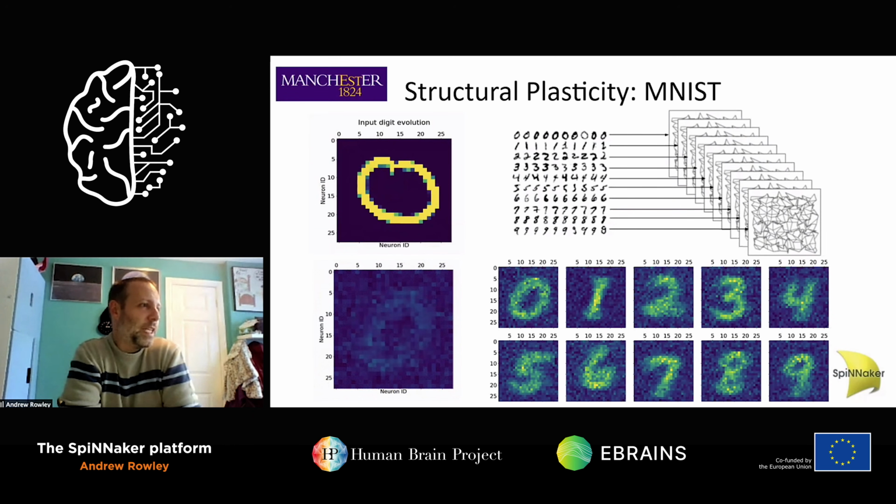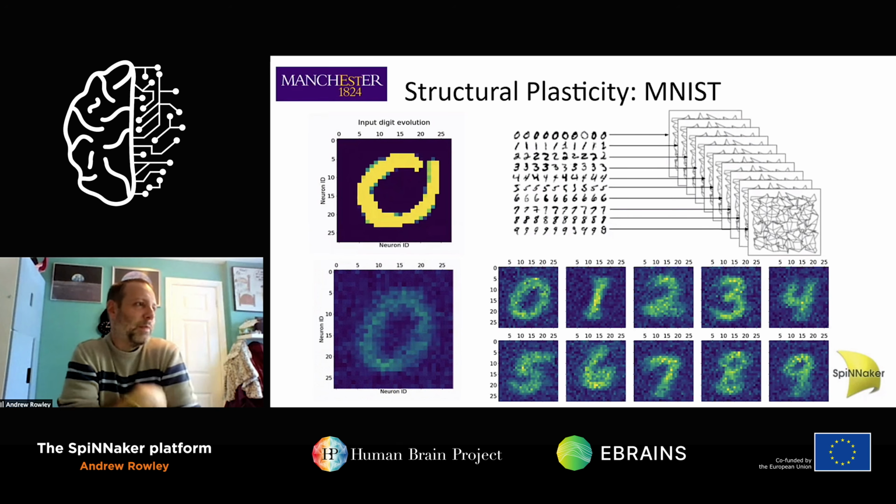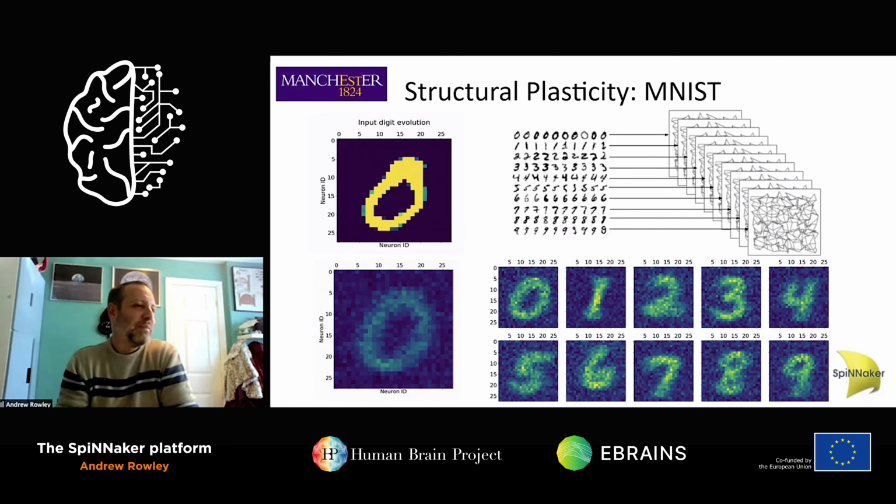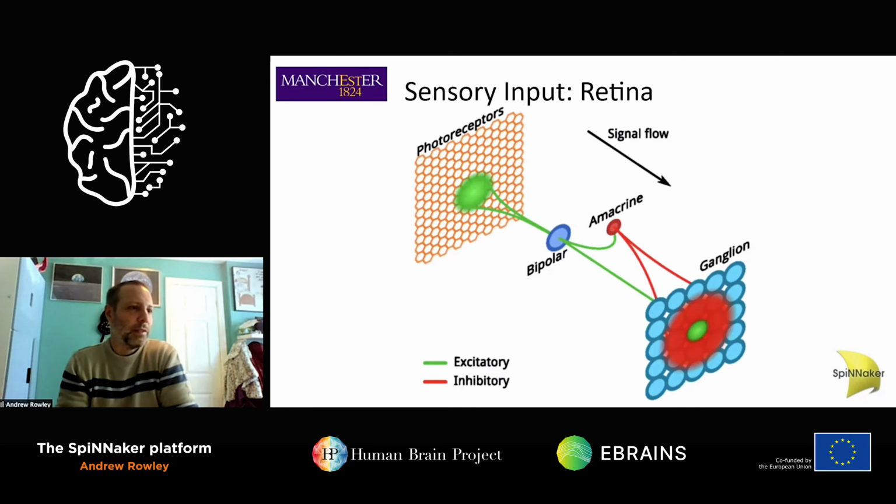You can feed in figures into the network, and it can map various numbers. So if you give it lots of different examples of zeros, you can feed them in, and it will create the right connections to then represent zeros. And then when you feed in, it's gone backwards again.